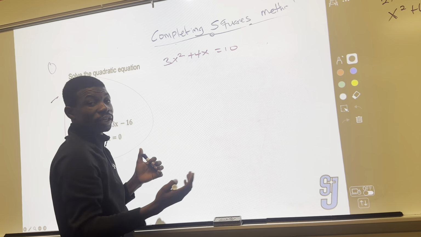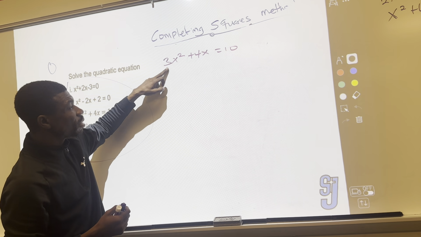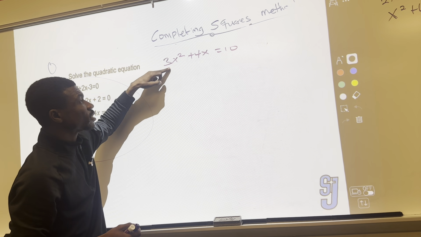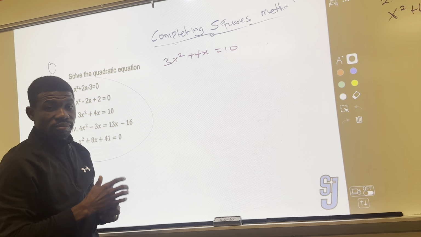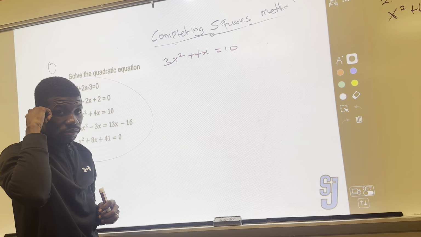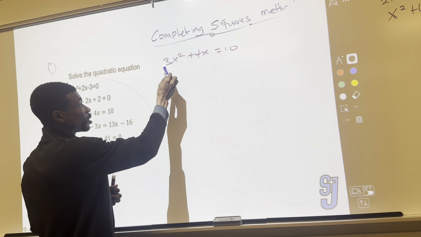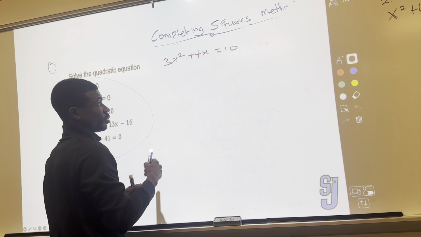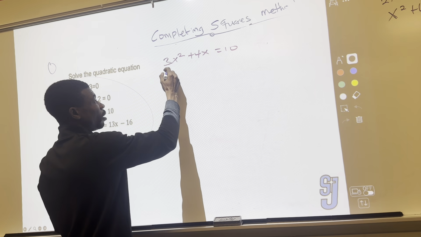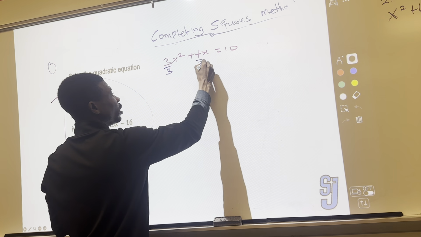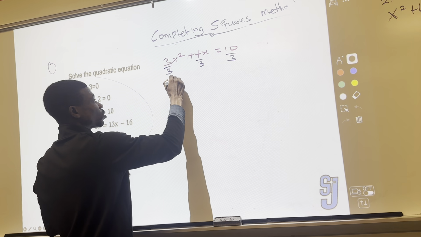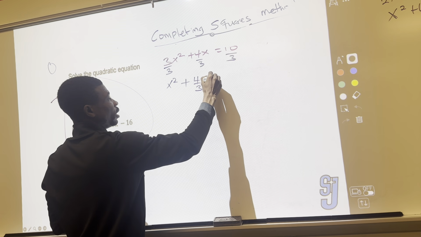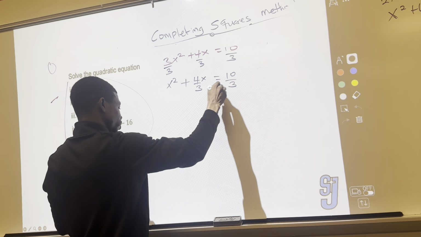Now, the second step says to make sure that the coefficient of x squared is 1. So how do I go about it? I divide by 3. Okay, so I have x squared plus 4 over 3 x equals 10 over 3.